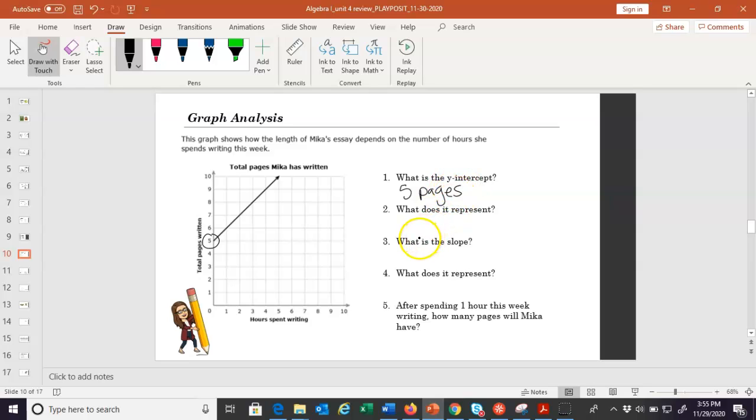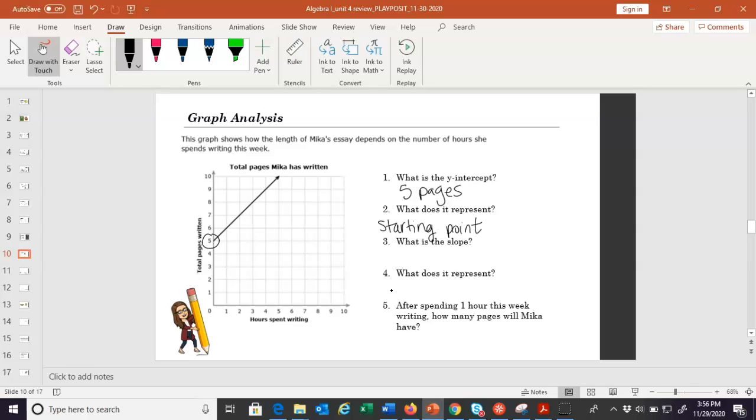So what does that represent in this scenario? Well, you could say, when she sat down for this period, that's how many pages she started with. We know that this y-intercept in these examples is always sort of that starting value, the starting point. Sometimes the starting points don't make as much sense as other times, right? I mean, we know that she didn't just magically have 5 pages of writing appear out of thin air, right? She obviously spent time on that.